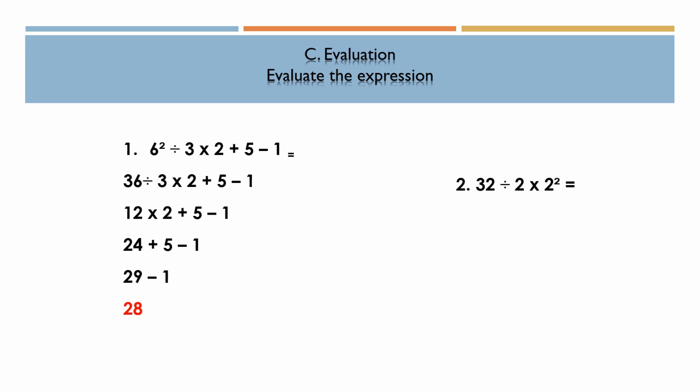Next, number 2. 32 divided by 2 times 2 square. Simplify, children, and then solve.